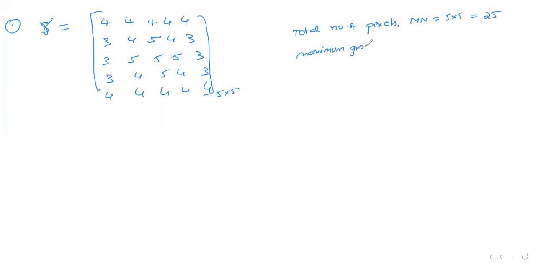Maximum gray level value: we know that it is a 3-bit image because from this image observe here the maximum value is 5. For 5 we require 3 bits, right? For a 3-bit image the gray level values range from 0 to L minus 1, that is 0 to 7.